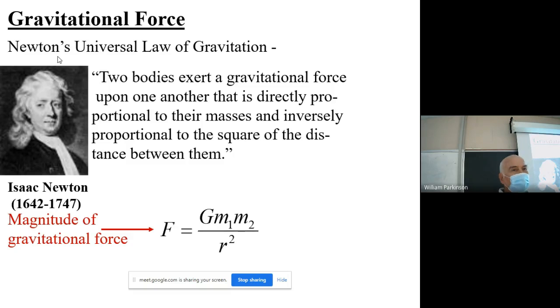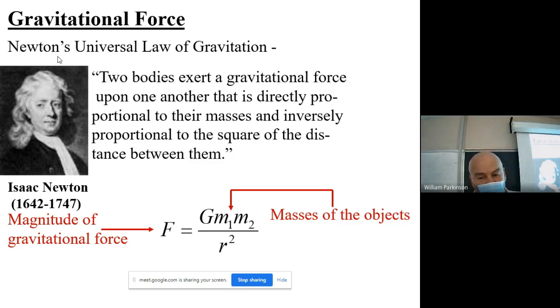So this tells how much push or pull you're going to get. Now, as the statement above says, it's directly proportional to the mass of the objects, whether that's me attracted to you, me attracted to the Earth, the moon attracted to the Earth, or the Earth attracted to the sun. You would put the mass of those objects as M1 and M2.